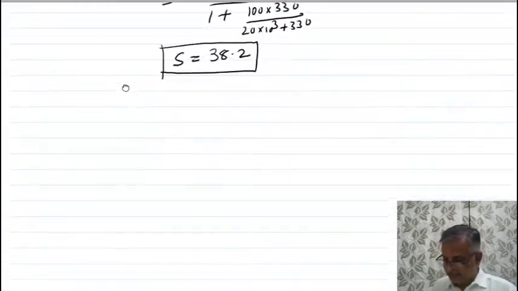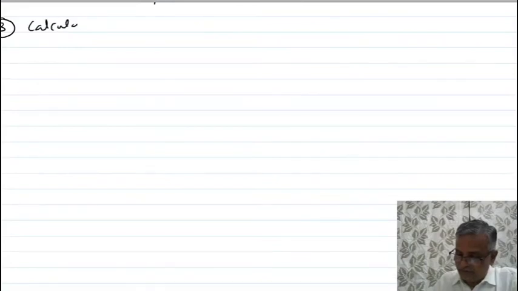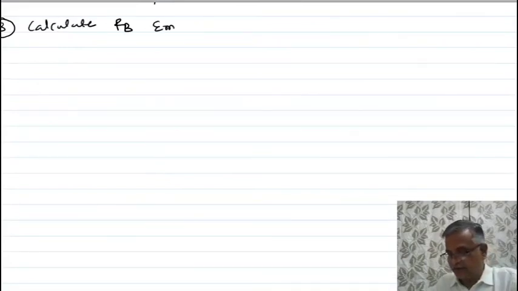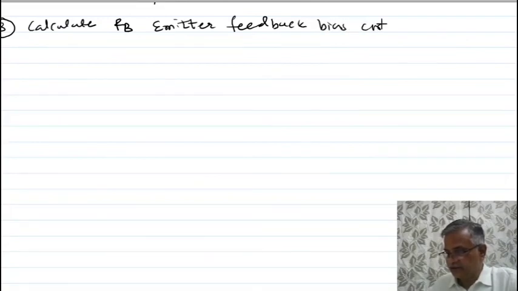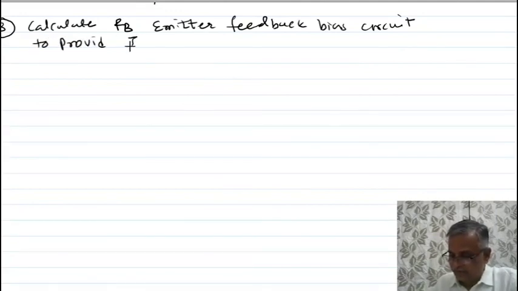Now one more numerical I am discussing. Calculate base bias resistor RB in an emitter feedback bias circuit to provide base bias current of the order of 0.3 milliampere to locate collector current at 18 milliampere.